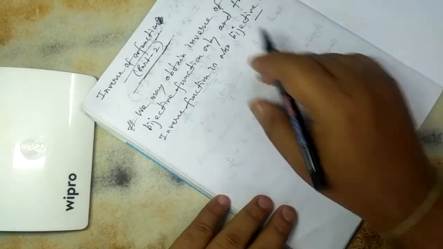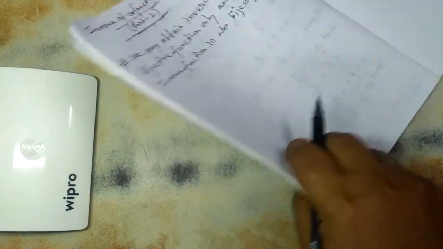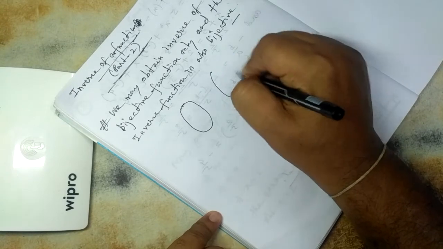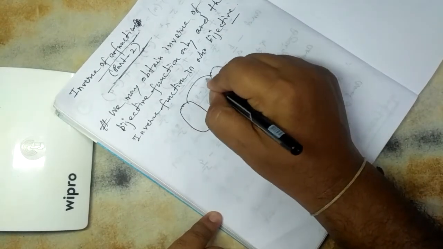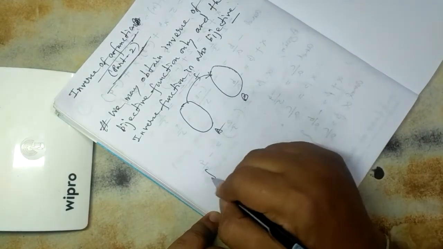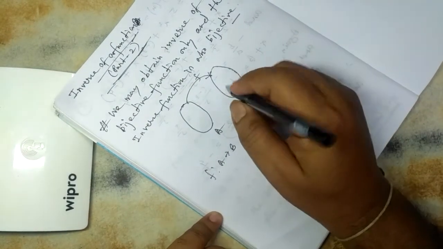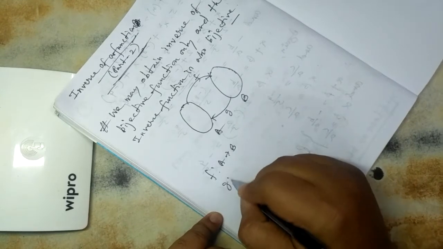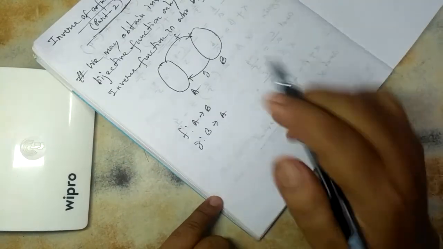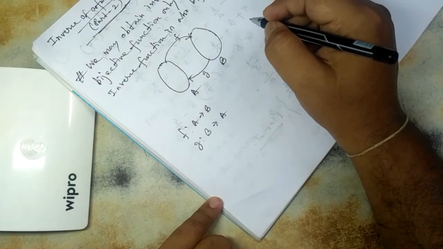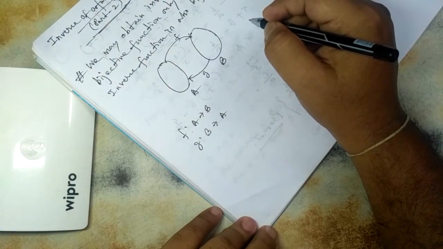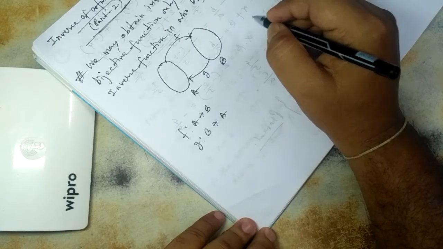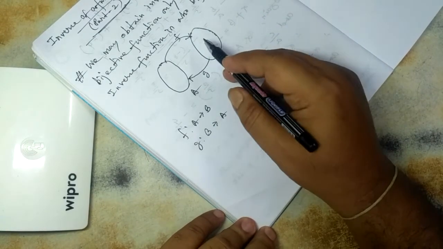Next, say there is a function f from A to B, and g is a function from B to A. And say it is given that g is the inverse of f.